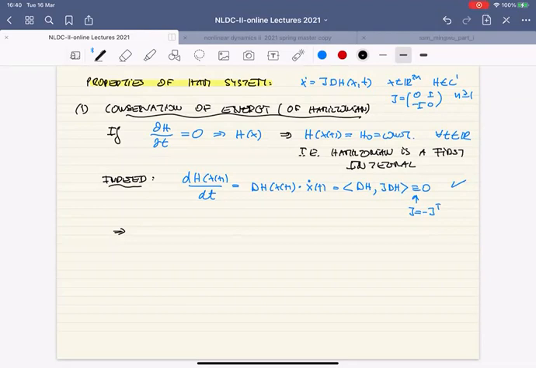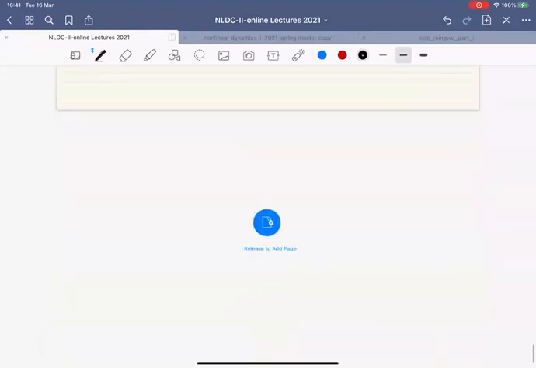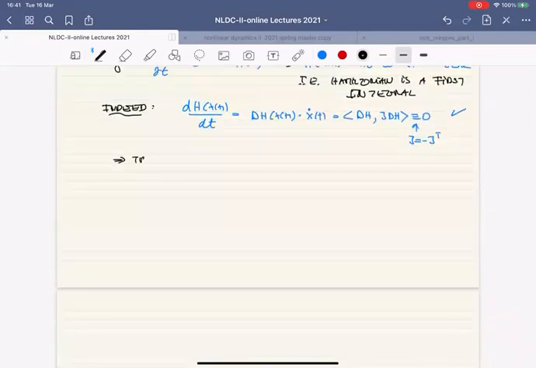Because any trajectory that starts on a level set has no way of leaving that level set, because that would mean that the value of the Hamiltonian has changed on that trajectory, which is not possible, right? So the implication is that trajectories are doomed, in terms of their initial energy, to be confined to energy level sets.